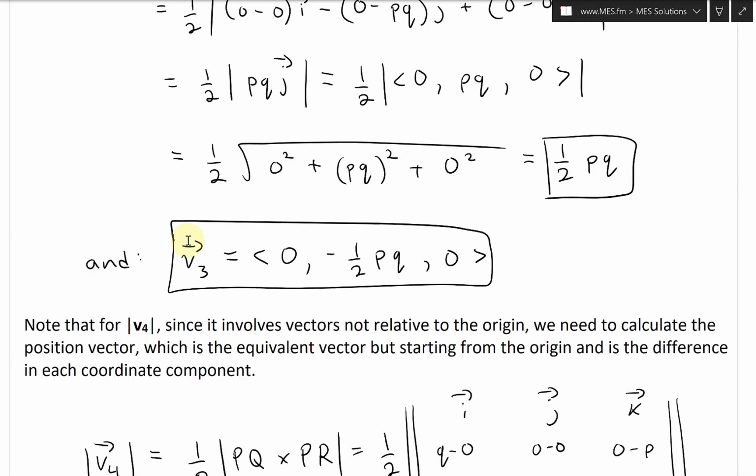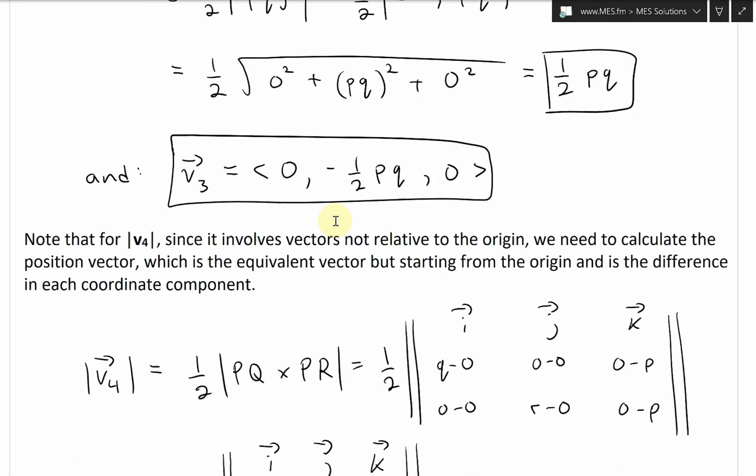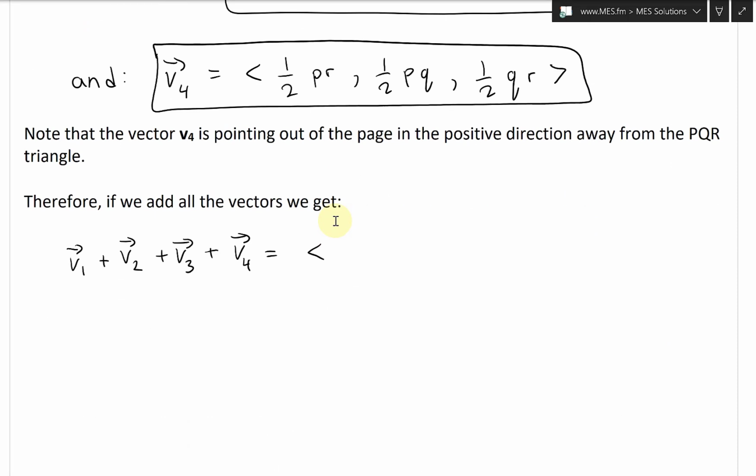So let's write the V1, it was above here. So V1 is 0, 0, and then negative 1/2 QR, like that. And then put a bracket like that.